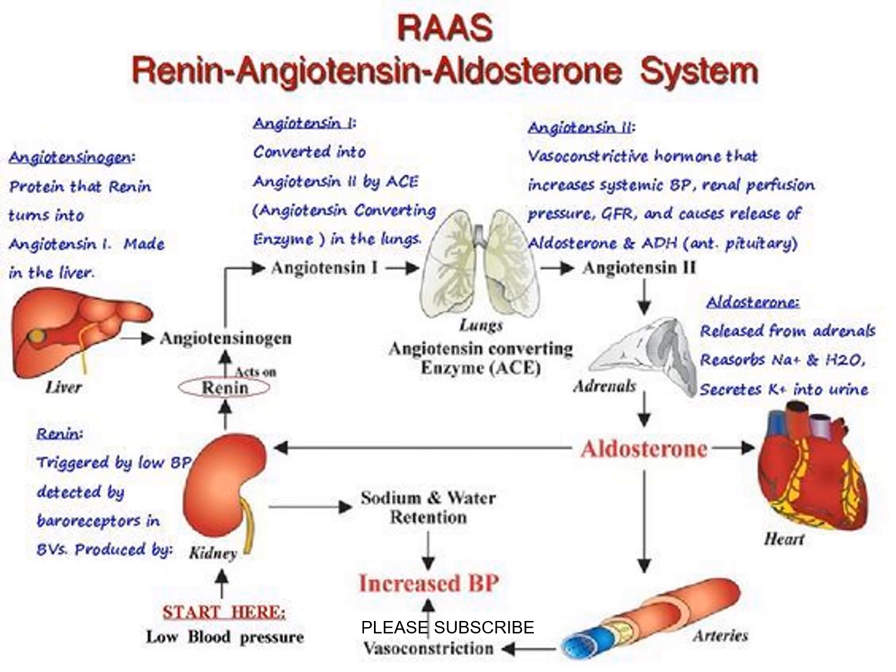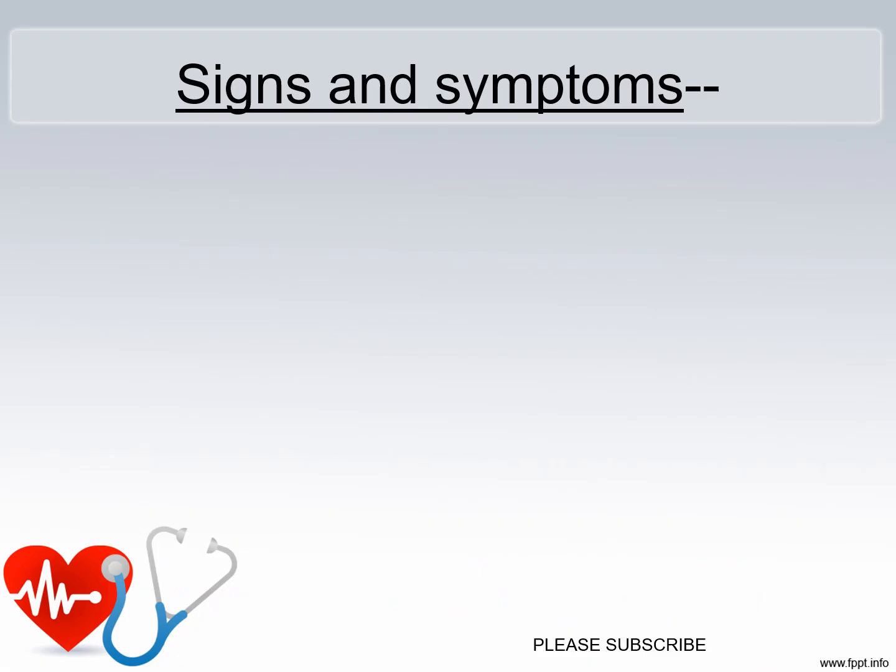Then this now will have the effect on the adrenals to release aldosterone. Aldosterone will cause increase in preload and afterload in the heart. Okay, then it will cause the blood vessels to be constricted, thereby increasing blood volume, blood pressure, and then it will also act on the adrenals as well to cause sodium and water retention, thereby increasing your blood pressure or your blood volume.